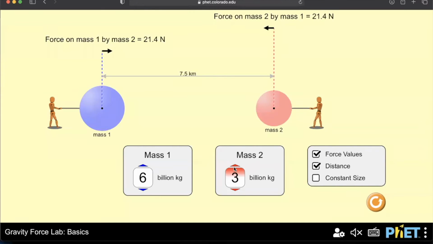All right, so now we have the information that we need to find the formula for the force of gravity. We have that the force is proportional to 1 over distance squared, the force is proportional to mass 1, and the force is proportional to mass 2. Putting these all together, we get that the force is proportional to m1 m2 over distance squared.